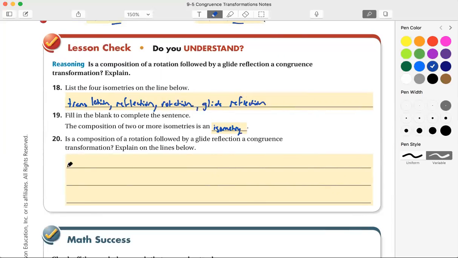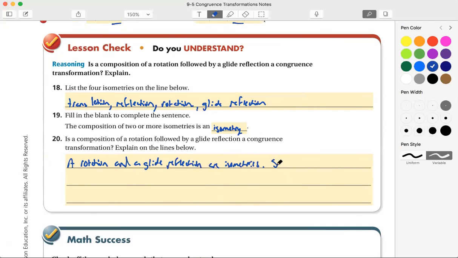So a rotation and a glide reflection are isometries.